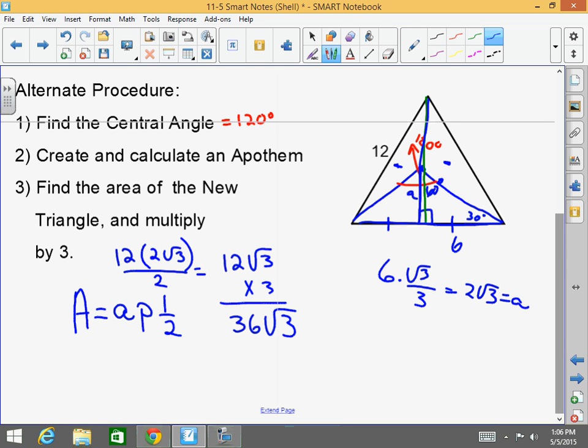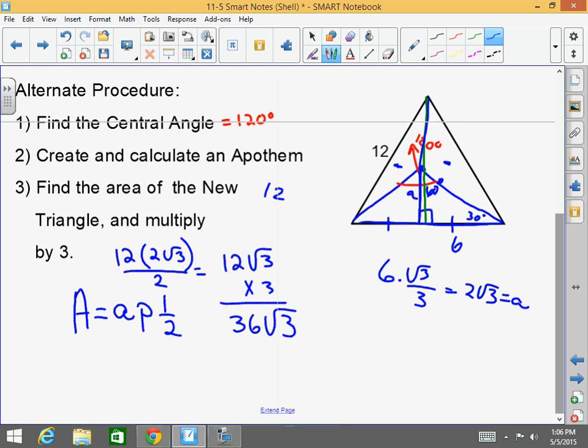Okay? No, you shouldn't have gotten a different answer. Well, wait, no. If that's going to be 30, so the apothem will be 6 square root of 3, right?